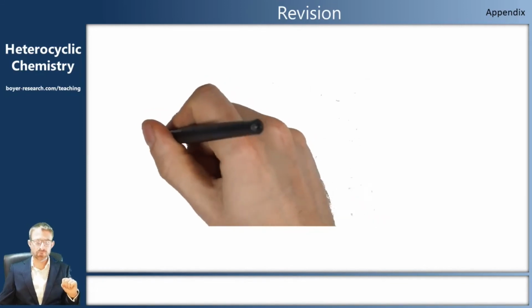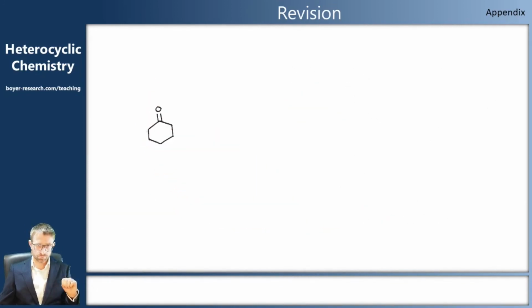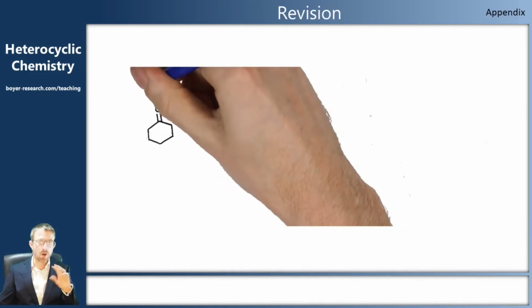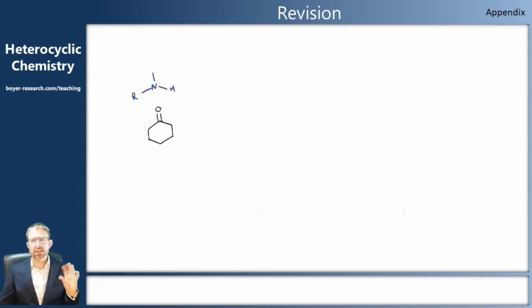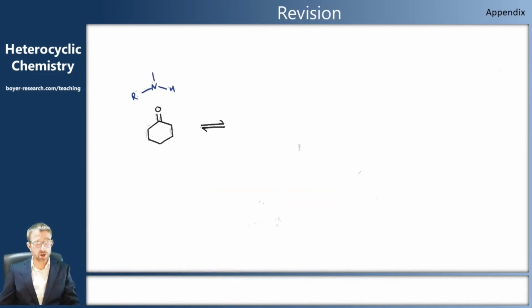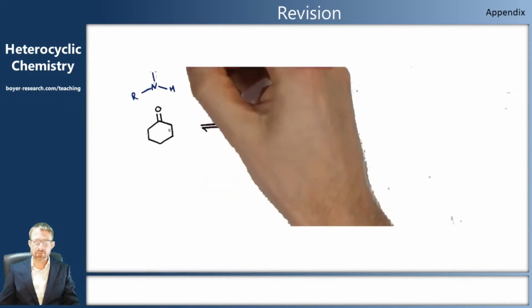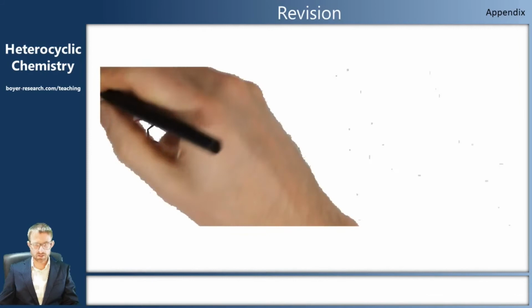Looking at this more slowly, we have our carbonyl species. The carbonyl is a very good electrophile. The electronegative oxygen atom polarizes the double bond. And we have an amine. The amine is a very good nucleophile because of that high energy lone pair. So, our nucleophilic amine can attack the carbonyl and break the C=O double bond.